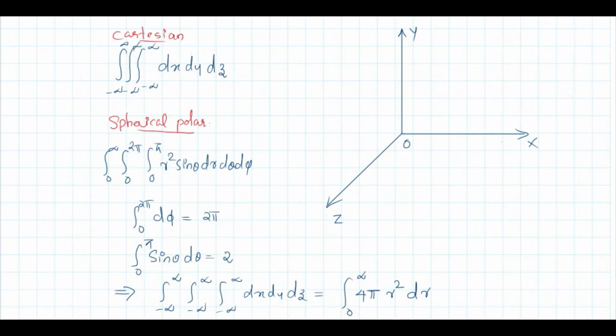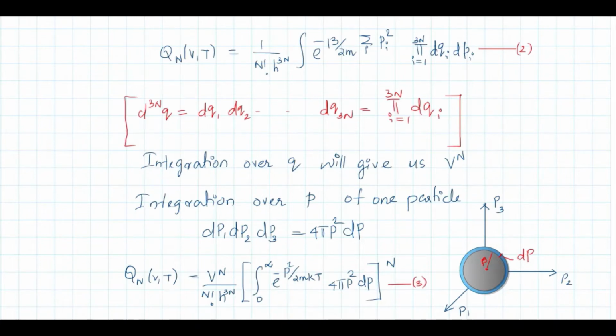Okay. Then the remaining is an integral over the variable r. So 0 to infinity 4 pi r square dr is equivalent to the triple integral dx dy dz. That is the idea we used here. The triple integral over p1, p2, p3 you can convert to a single integral 0 to infinity 4 pi p square dp.